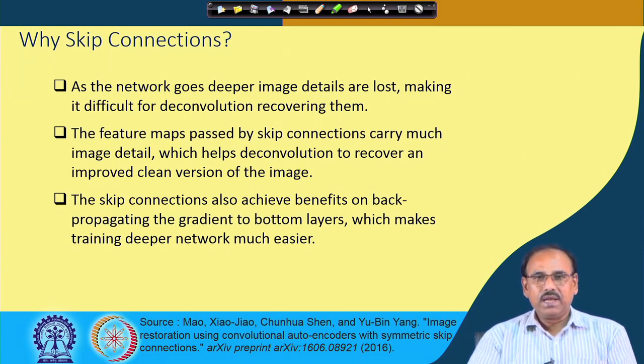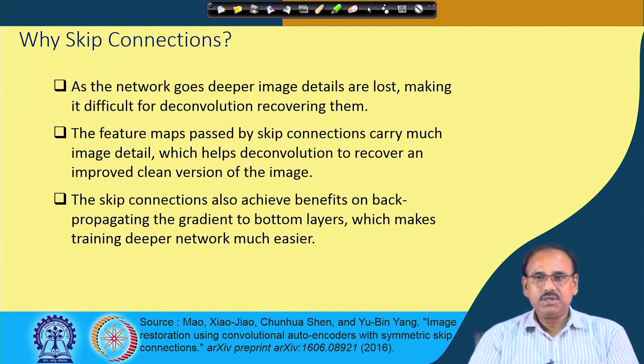So, using the skip connections, when you are trying to deconvolve the image or trying to restore its original resolution, you are actually skipping all the intermediate layers, and you are getting the detailed information of the corresponding convolution layer and feeding it directly to the deconvolution layer.